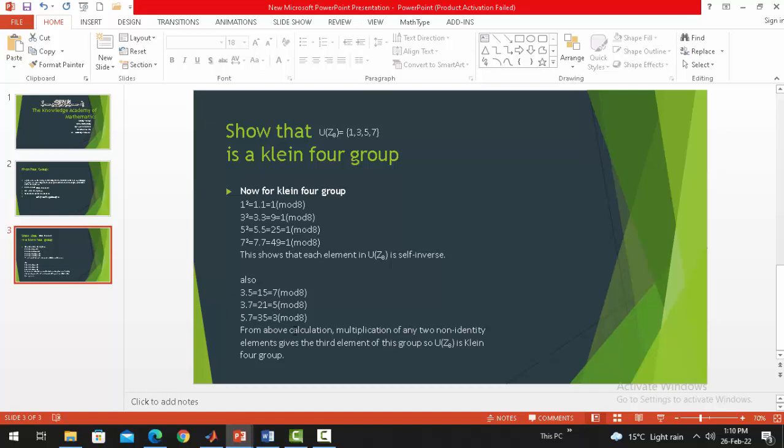Similarly, 3·7 is equal to 21, which is 5 mod 8, and 5·7 is equal to 35, which means 3 mod 8. From the above calculation in this table, we show that the multiplication of any two non-identity elements gives the third element of this group. So all the properties are fully satisfied. So the given group UZ8 is a Klein 4 group.